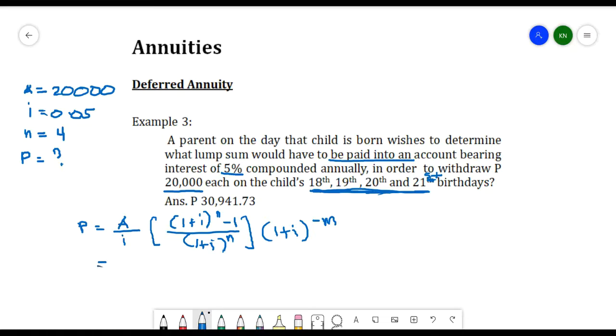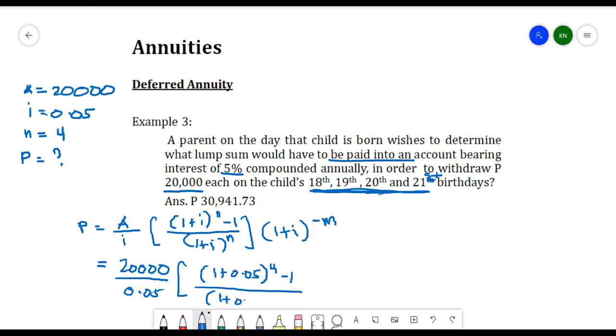So just substituting the values that we have, 20,000 as our A, and our I is 0.05, multiplied by 1 plus 0.05 raised to n, which is 4, minus 1 all over 1 plus 0.05 raised to 4, and that is multiplied by 1 plus 0.05 raised to negative m.